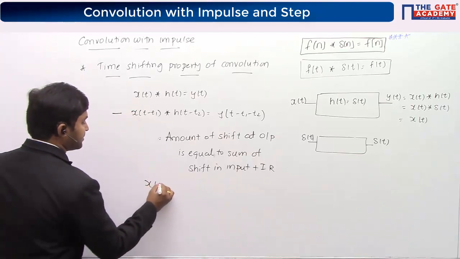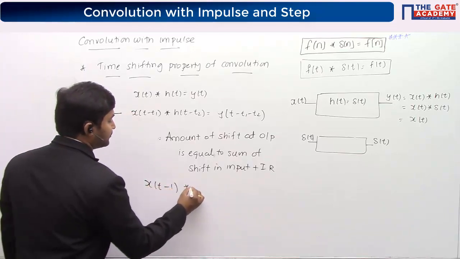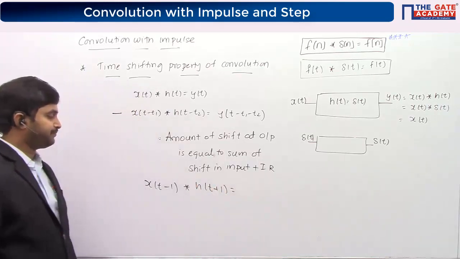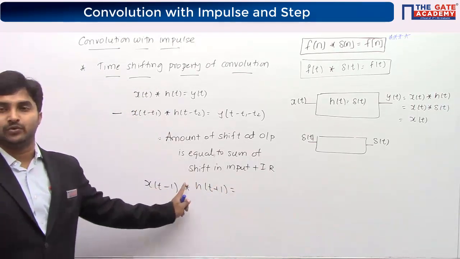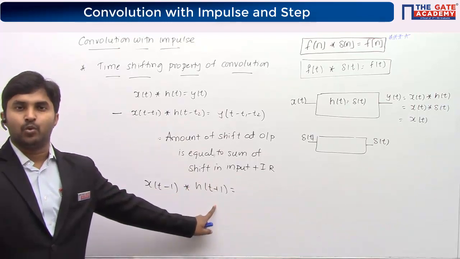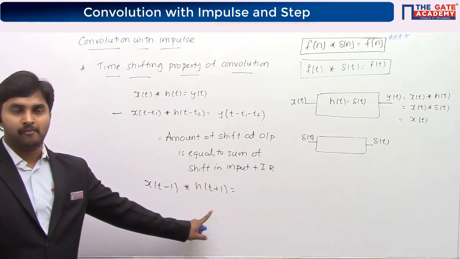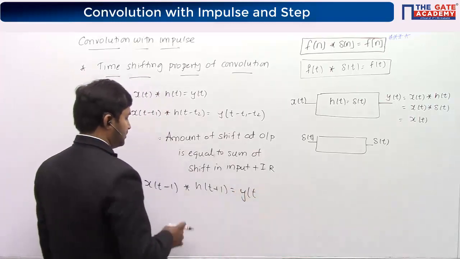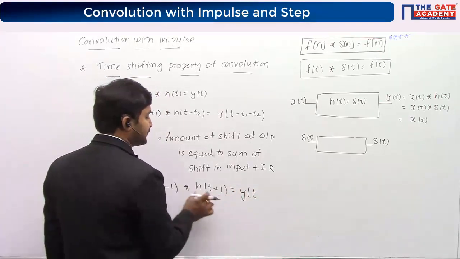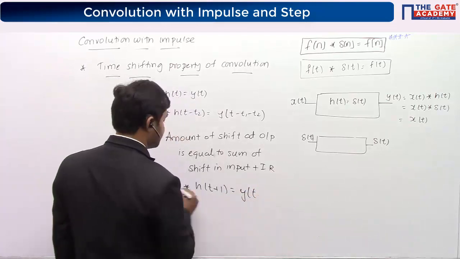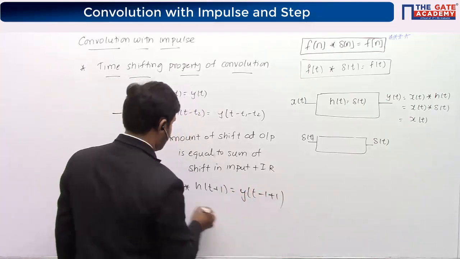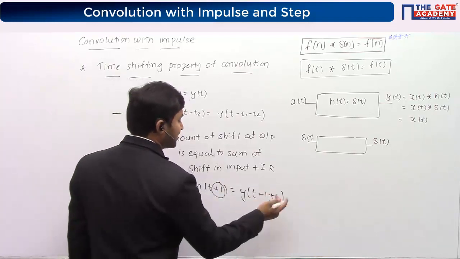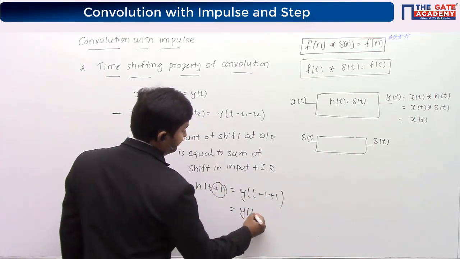So x of t minus 1 convolved with h of t plus 1. Can you please tell me what the result is going to be? It is y of t with the summation of all the shifts, minus 1 plus 1, which cancel out, so you will have y of t only.